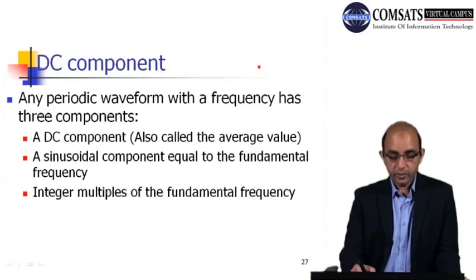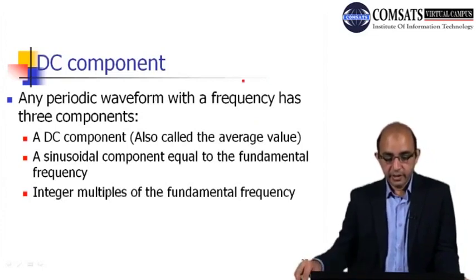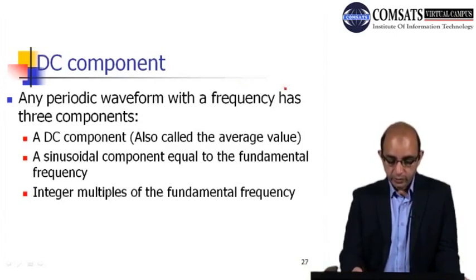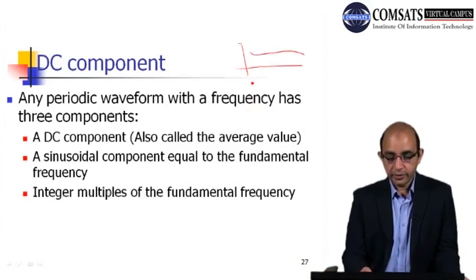Every periodic waveform has three main components: the DC component, a sinusoid, and the integer multiples of those sinusoids. Again, if we have a signal over here and we decompose it, this is the time domain with amplitude.